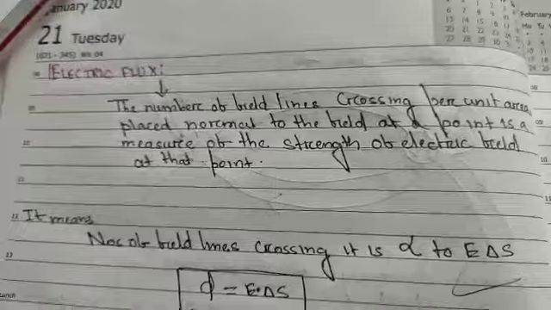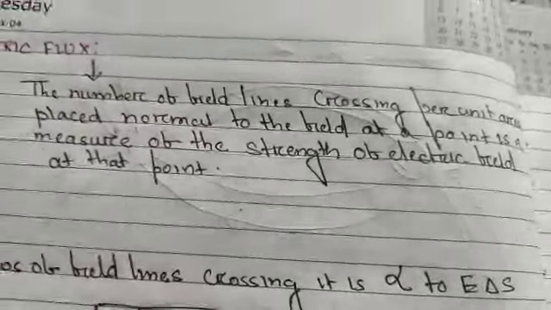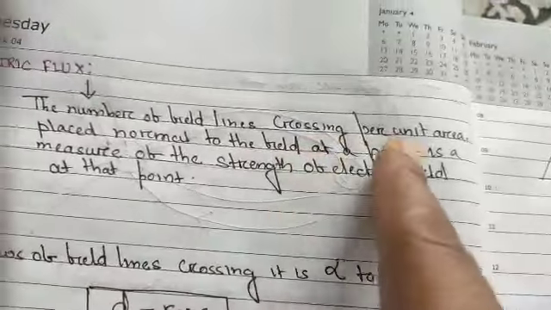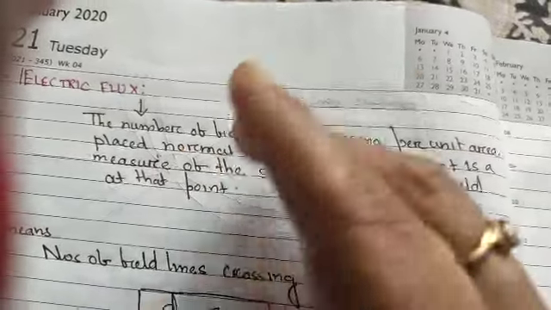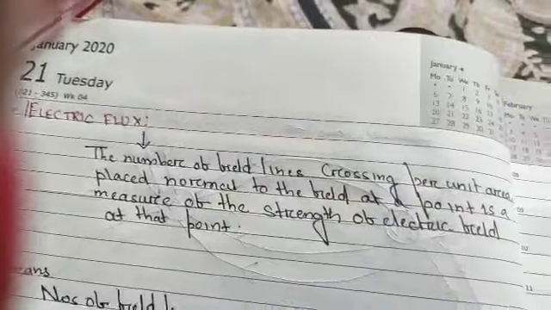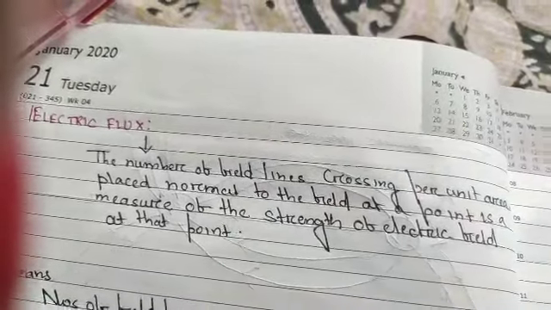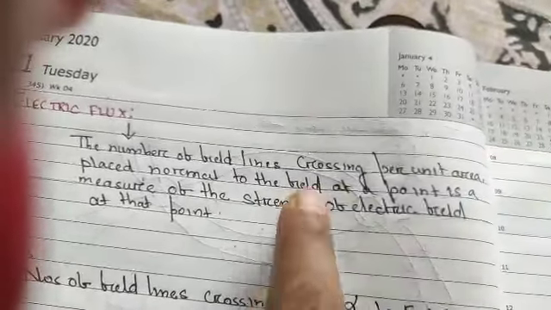But if you go to the basic concept, students, what happens? The number of field lines crossing per unit area placed normal to the field, meaning the object or any plate which you are taking should be perpendicular to the field.